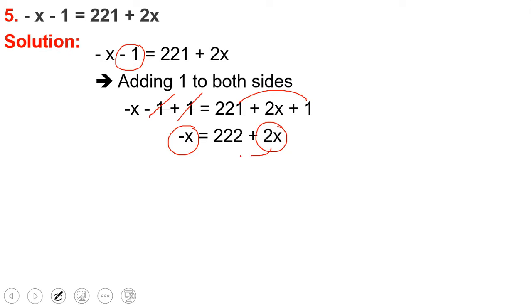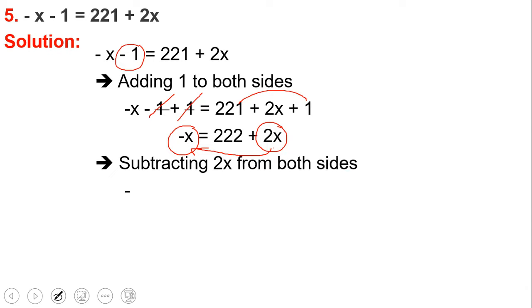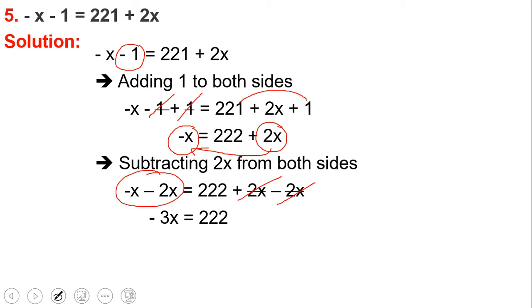So take this 2x on this side, means you have to remove this 2x. So subtracting 2x from both sides, you will get minus x minus 2x equal to 222 plus 2x minus 2x. These 2x get cancelled. And minus x minus 2x is minus 3x. So minus 3x is equal to 222.